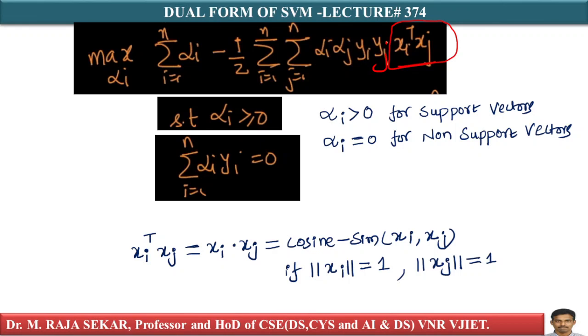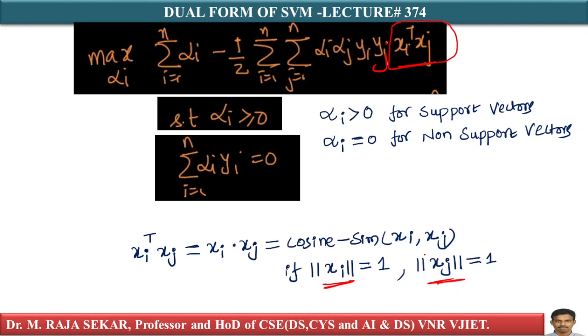Xi transpose xj equals xi dot xj, which is equal to cosine similarity between xi and xj if norm of xi equals 1 and norm of xj equals 1, isn't it? Your vectors are normalized.